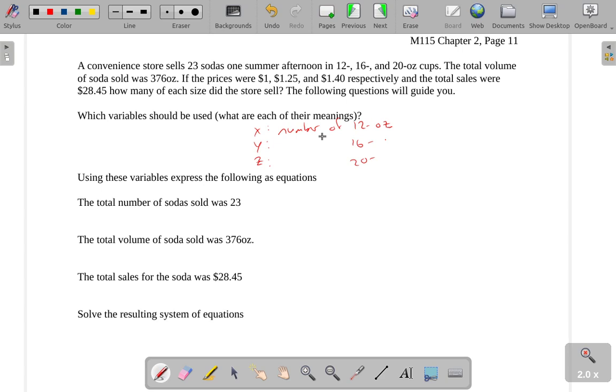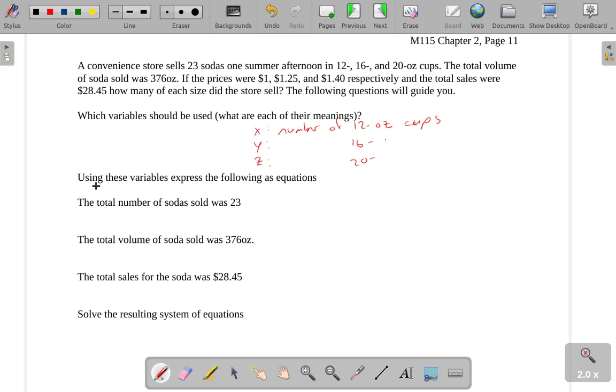It's a very bad idea to have something that's ambiguous like that. You need to know exactly what your variable means. So the number of 12 ounce cups, the number of 16 ounce cups, the number of 20 ounce cups are very unambiguous, and they're also the things we're looking for directly, so that's why they make good variables here.